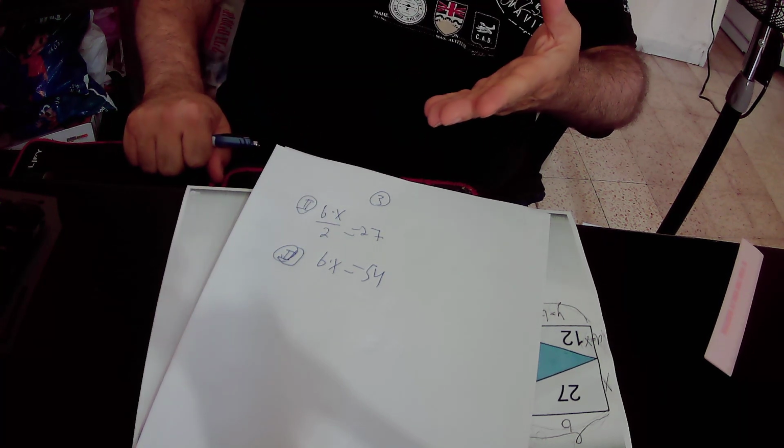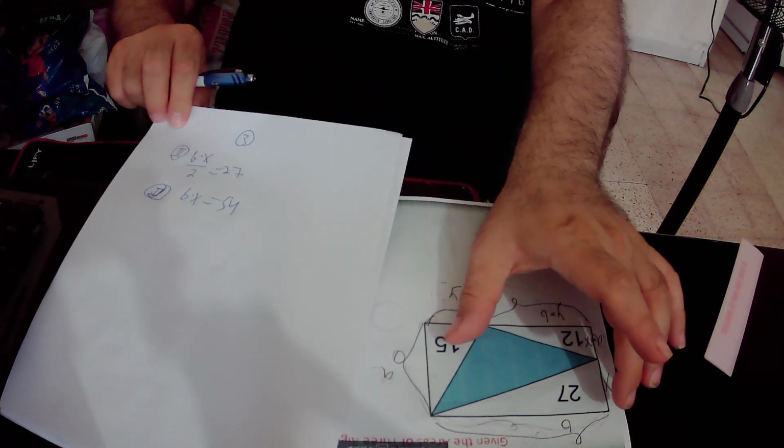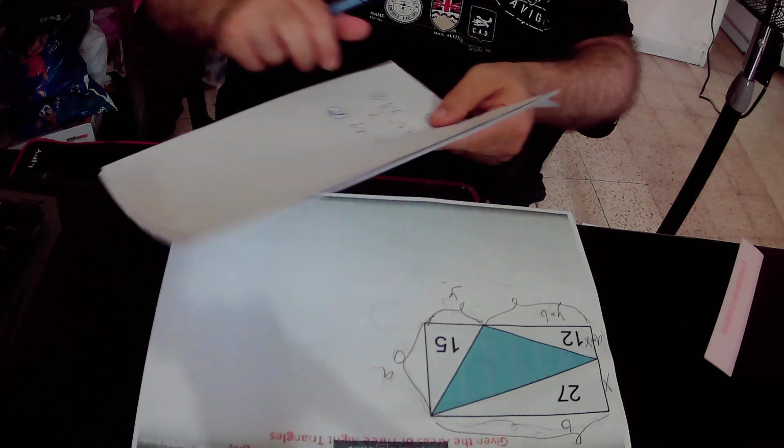Now we can divide both sides of the equation by b, because b is the length of this rectangle, so it must be a positive number.